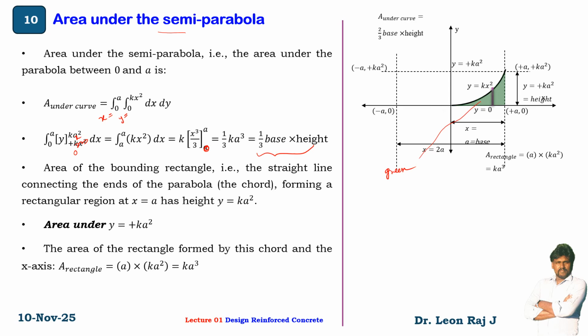The area of the bounding triangle is nothing but, with y equal to k a square and the horizontal distance, this is the b and this is the h, k a cube.